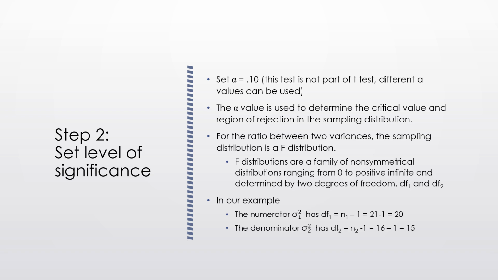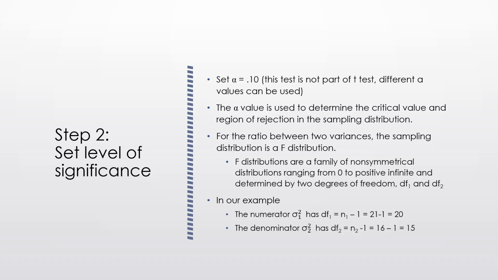F distributions are a family of non-symmetrical distributions with values ranging from 0 to positive infinity. Each F distribution is determined by two degrees of freedom: the degrees of freedom of the numerator, df1, and the degrees of freedom of the denominator, df2. In our example, the degrees of freedom for the numerator is n1 minus 1 equals 21 minus 1, which is 20.